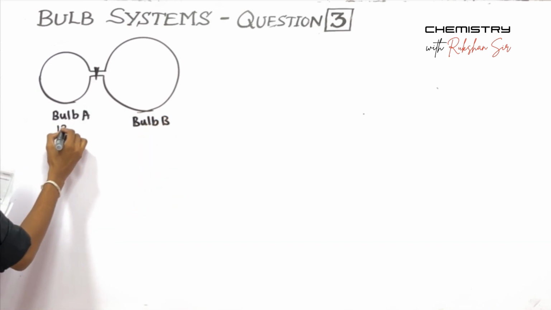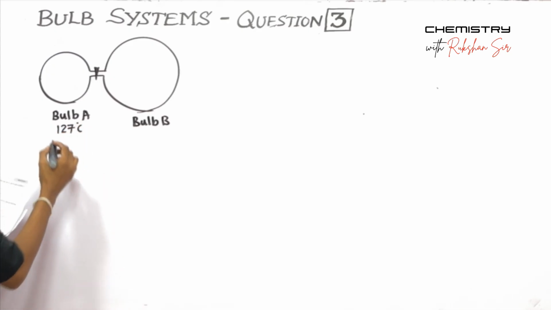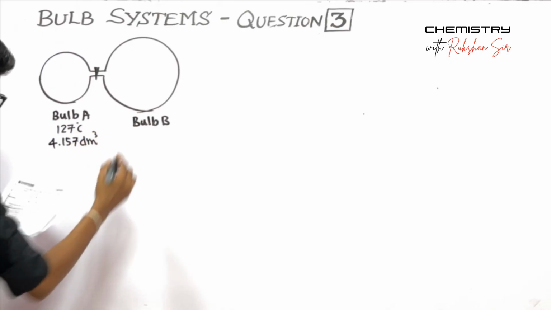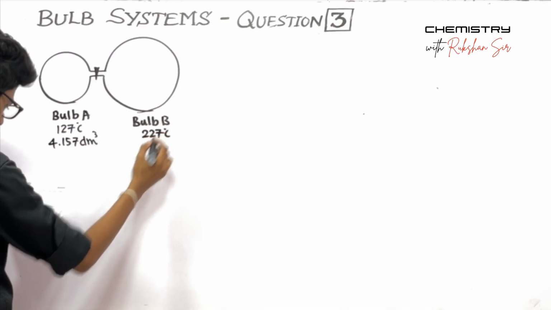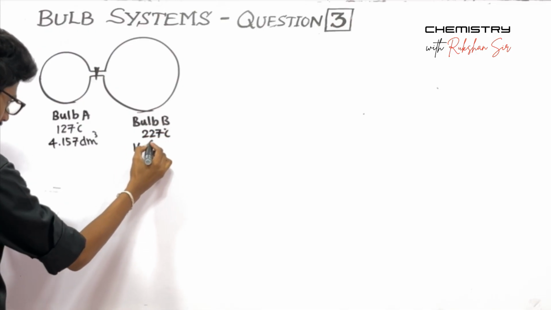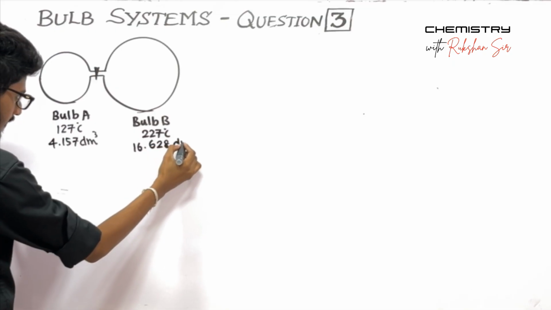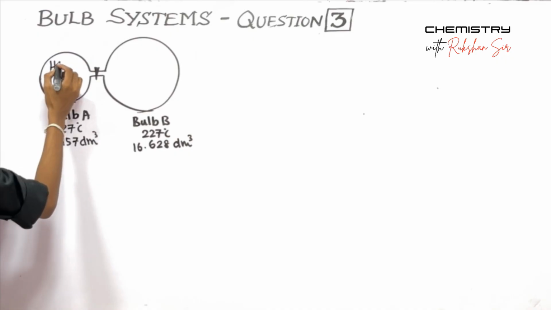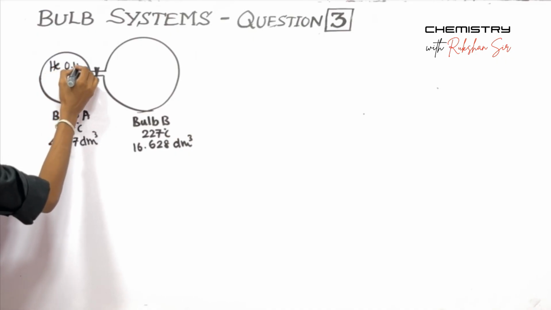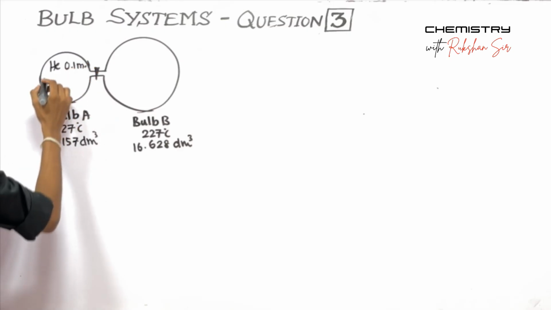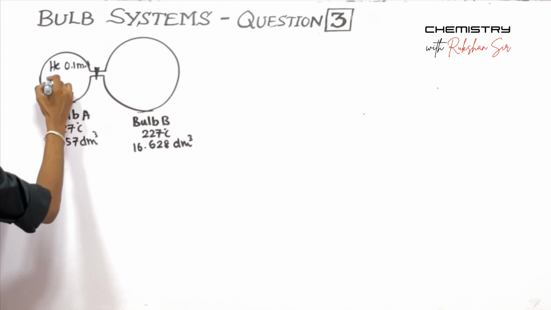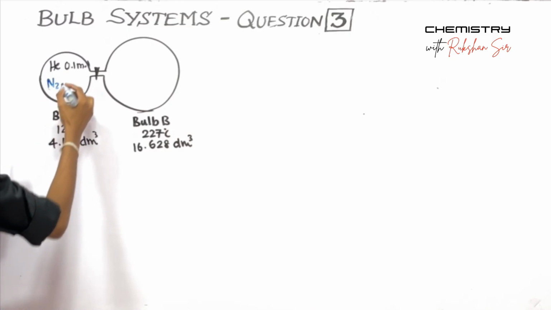Bulb A is at 127 Celsius with a volume of 4.157 decimeter cubed. Bulb B is at 227 Celsius with 16.628 decimeter cubed. The tap is closed and you have helium gas here, 0.1 moles, and some N2 gas here, with moles not given.